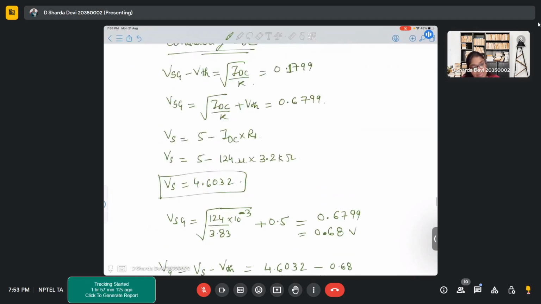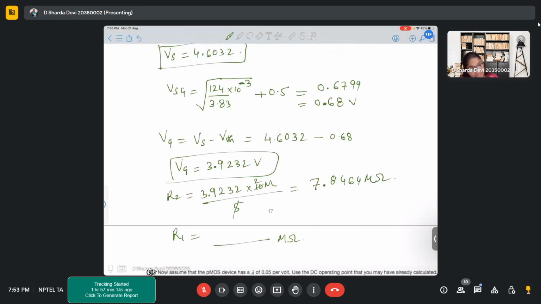While considering only IDC, the values that we are getting are 7.8464 and 2.1536 megaohms. So these are the two sets of values that we are getting considering 2IDC and IDC.